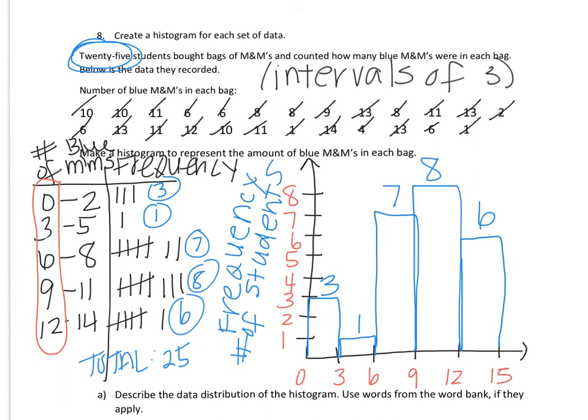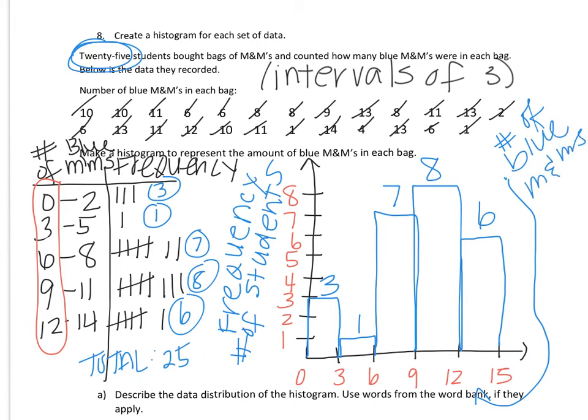And at the bottom, I'm running out of space, so I'm going to just write it on the side. You should write yours at the bottom. This represents number of blue M&Ms. That's messy, sorry. Blue M&Ms. Okay, that represents the bottom, the intervals.